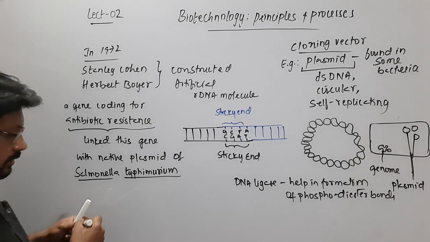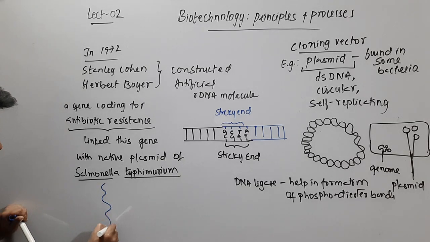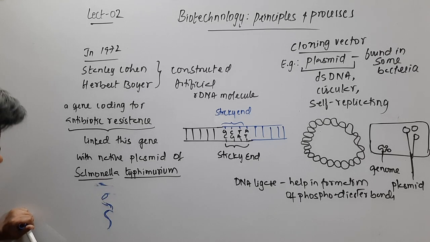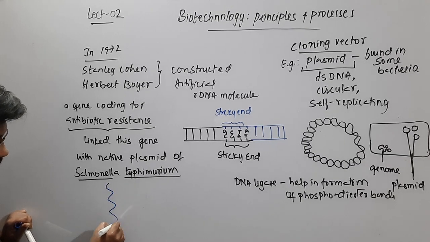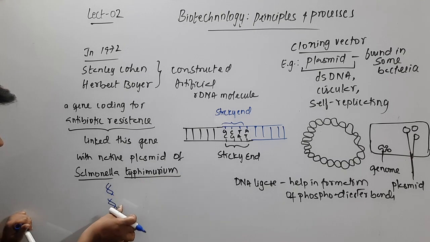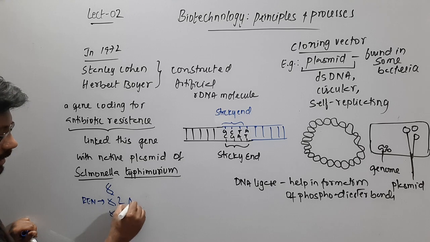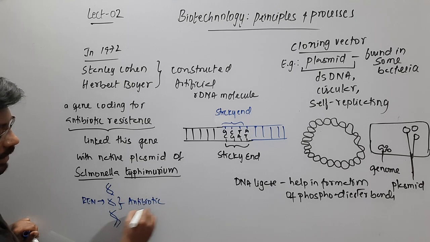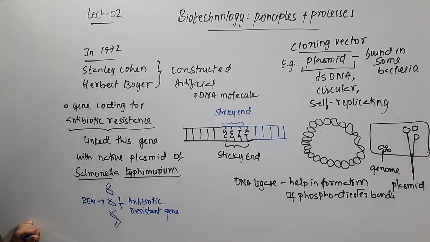Say I'm going to show you that. I have taken this, and by using restriction endonuclease, I have cut the gene of interest, and say this is the antibiotic resistant gene.